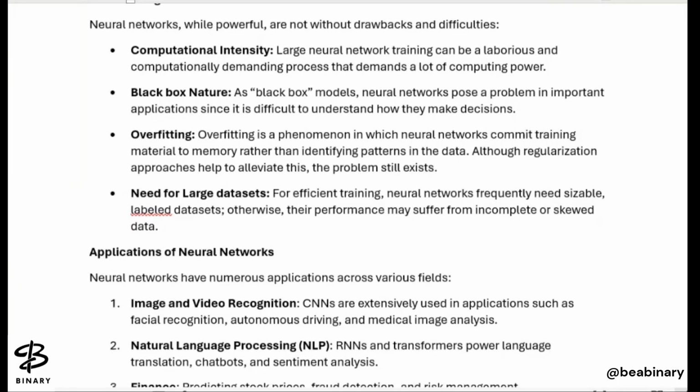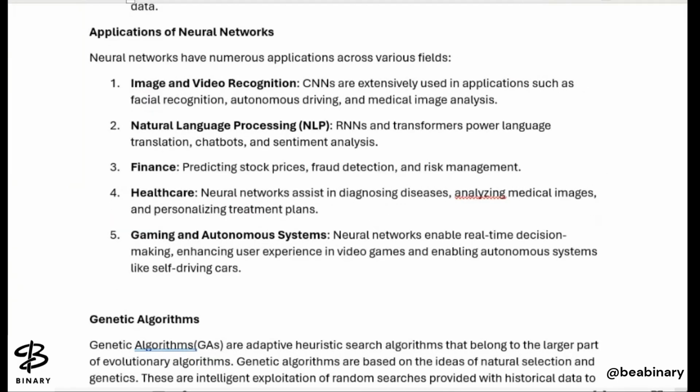And if we talk about the applications of a neural network, it is used in image and video recognition, natural language processing, finance, healthcare, gaming and autonomous systems. So, image and video recognition here: complex neural networks are extensively used in applications such as facial recognition, CNN, autonomous driving and medical image analysis.